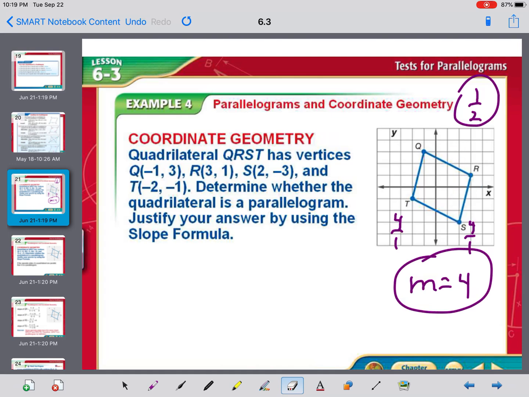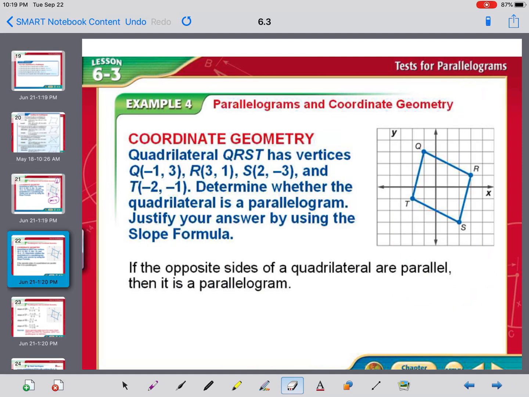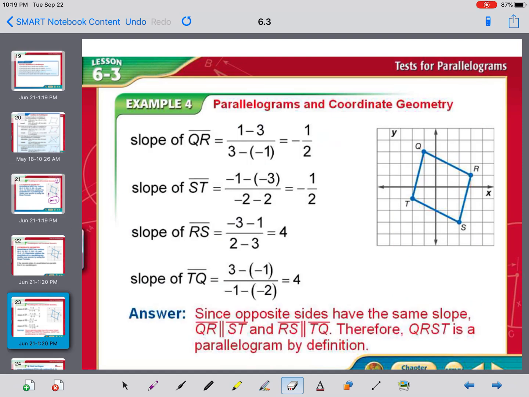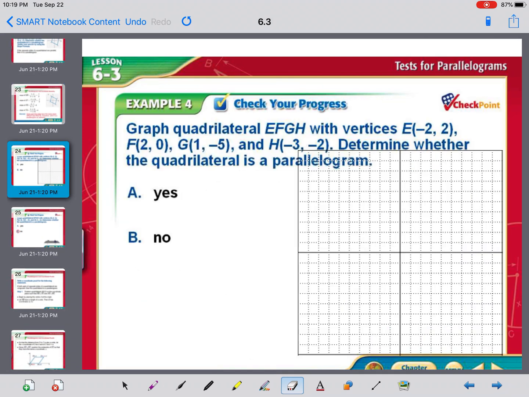So since both pairs of opposite sides are parallel, they have the same slopes. They went through that like we did. Since that's true, then the quadrilateral is a parallelogram, since opposite sides have the same slope.